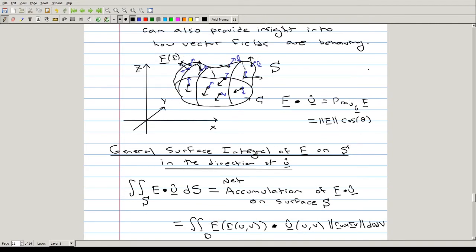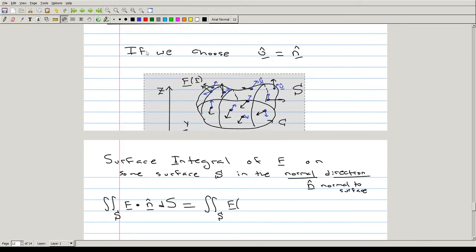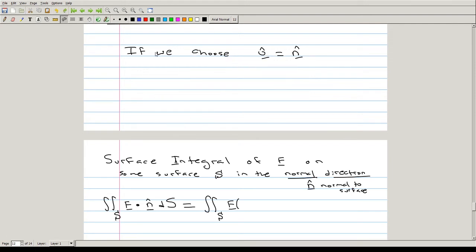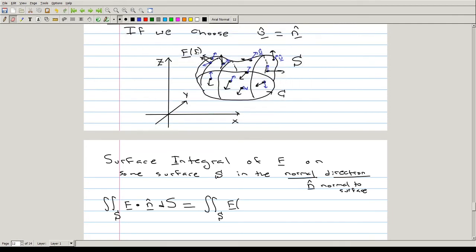This picture can be redrawn corresponding directly to this situation, where we simply replace all of these general direction vectors with unit normal vectors to the surface.